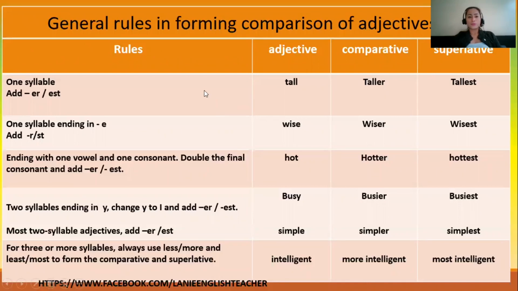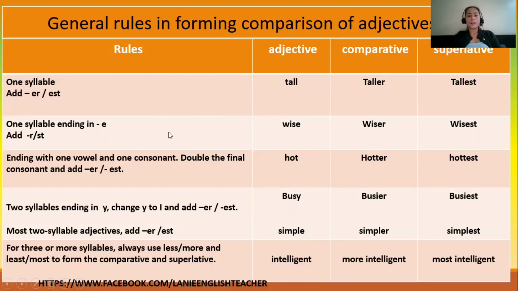The first rule here is that for a one-syllable adjective, like the adjective tall, we add er to form its comparative and we add est to form its superlative. So it becomes tall, taller, tallest.